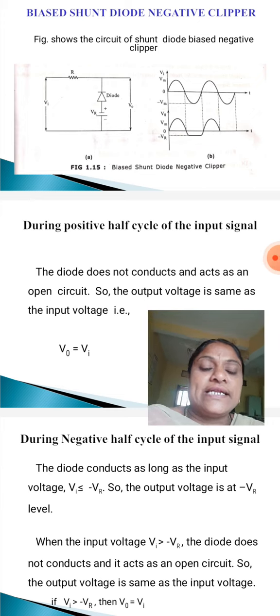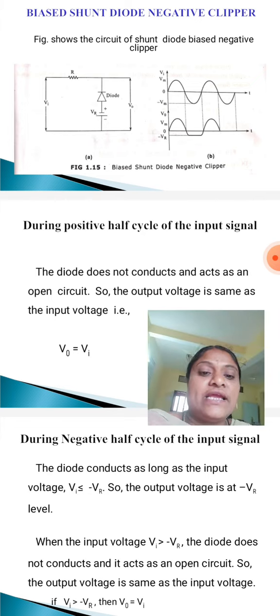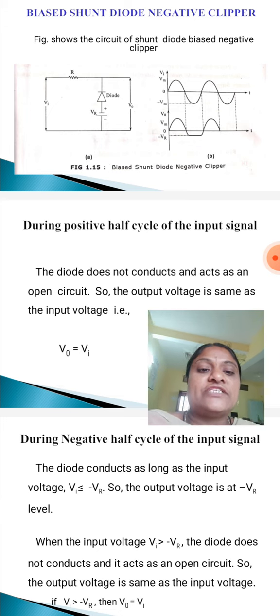the diode conducts as long as the input voltage Vi is less than minus Vr. So the output voltage is at minus Vr level.